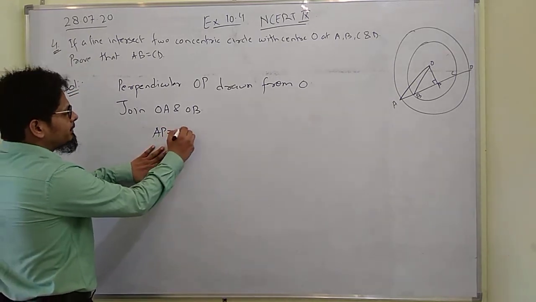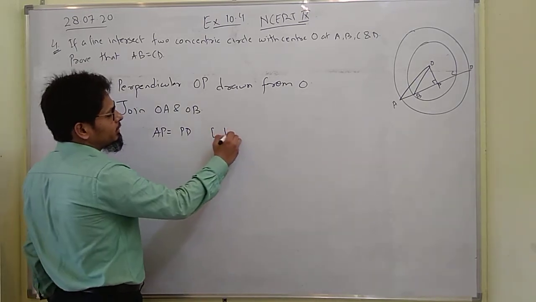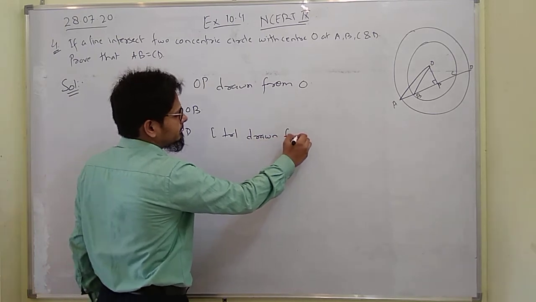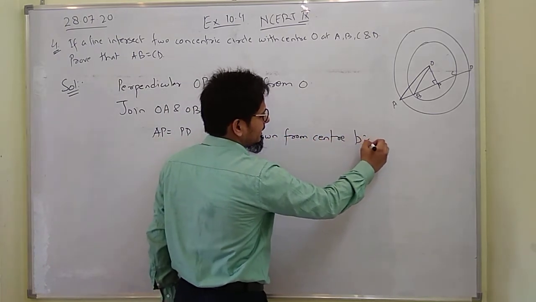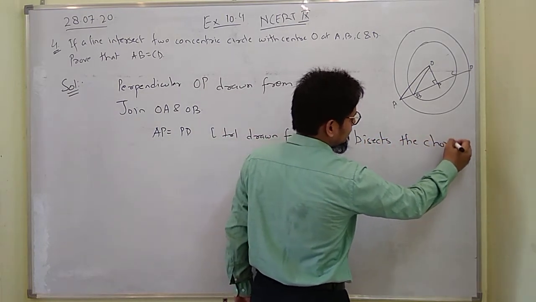AP is equal to PD, and what is the reason? The reason is the perpendicular drawn from center bisects the chord on which it is drawn.